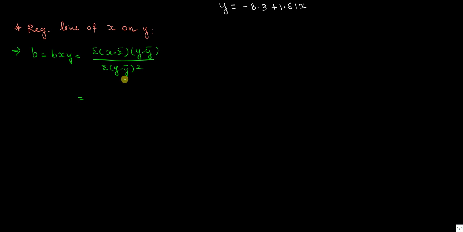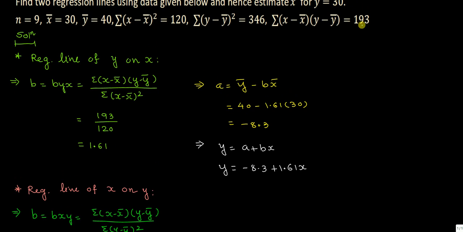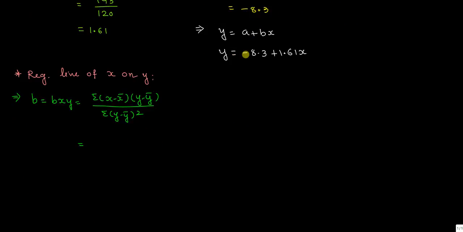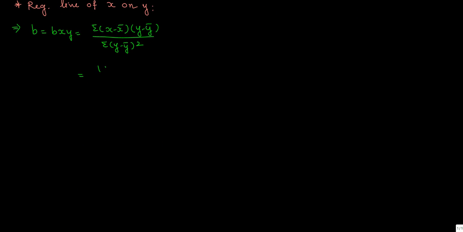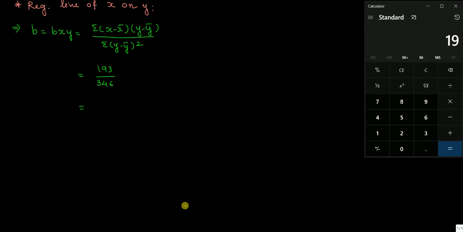Substituting the values, 193 upon 346, which is about 0.56.